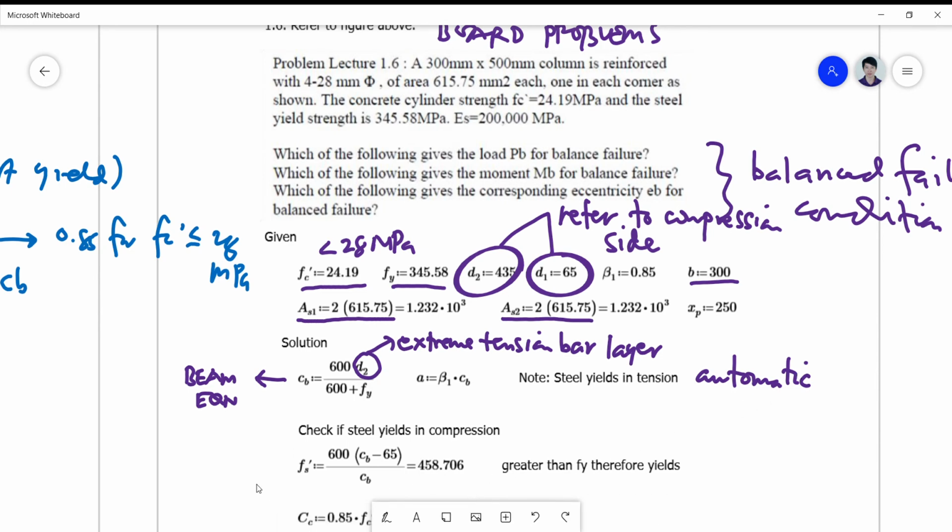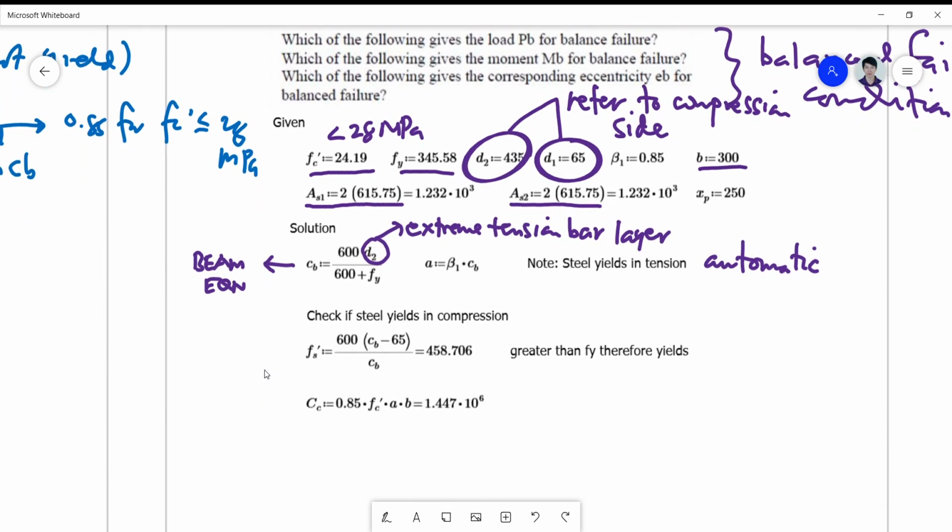Okay. For the steel in compression, always, whether it's balanced or not, we have to check if the steel yields in compression by using this formula here. Okay, so 600 CV minus 65 over CV is equal to 458, which is greater than 345.